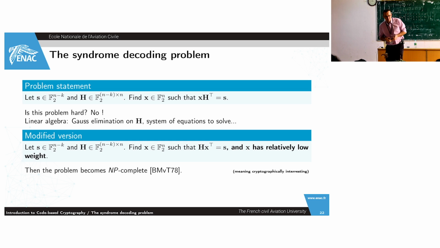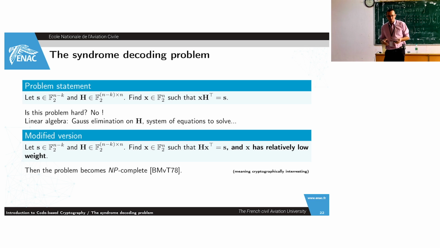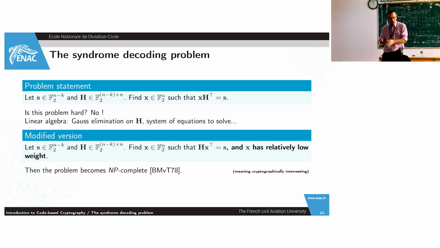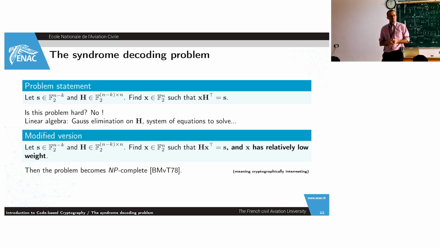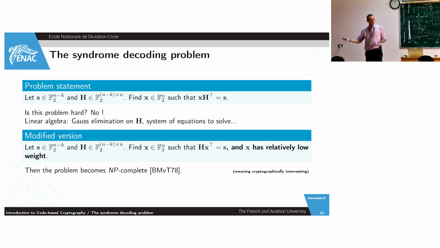I didn't hear you. H and S are? They are, yes, an instance of the problem. I give you H, I give you S, and you have to find back x such that H times x equals S. Okay, so your answer would be, is this problem hard?